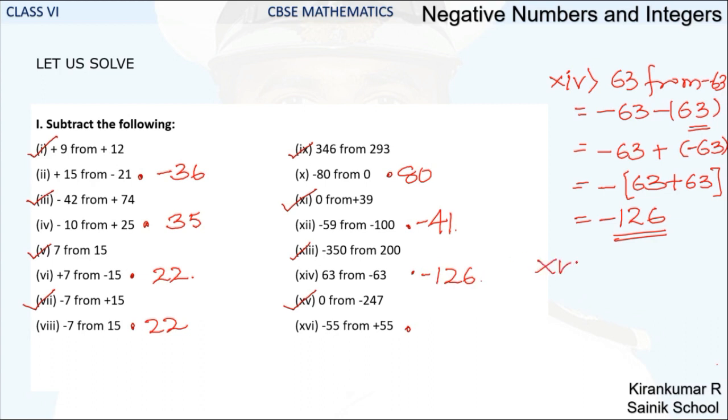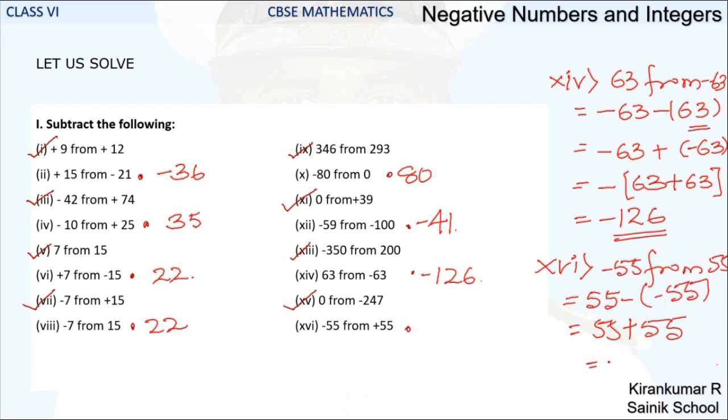Now the last question, 16th, minus 55 subtracted from positive 55. So 55 minus minus 55. Now I'll change into an addition question, and I'll change the sign of this integer.